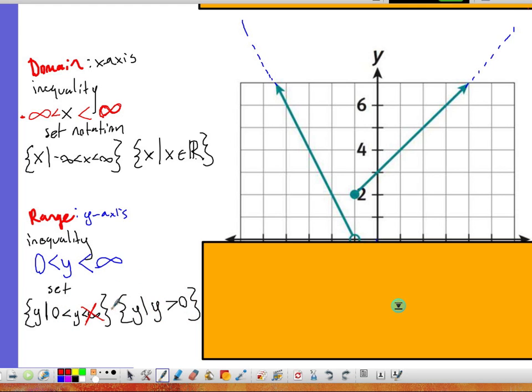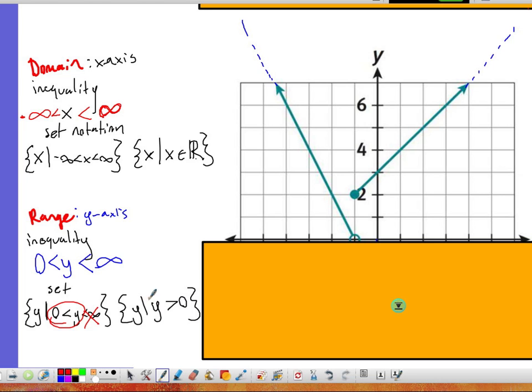It's very important to notice that 0 is less than y and less than infinity is the same thing as y is greater than 0. Because, can you see that we have y greater than 0 here? Do we actually need infinity there? Well, if we say that y is greater than 0, what numbers are greater than 0? 1, 2, 3, 4, 5, 6, 7.